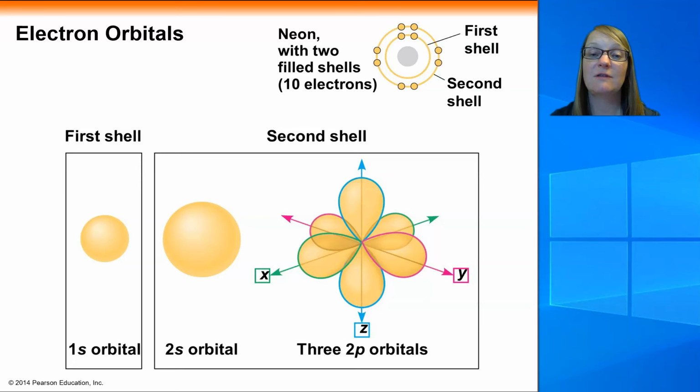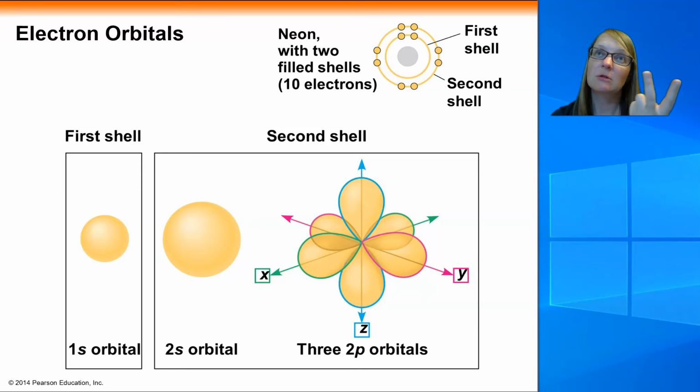Well, we have to start fitting these electrons into the shape or the area, that three-dimensional space where they spend the majority of their time. And so orbitals are these three-dimensional spaces that each can fit only 2 electrons.